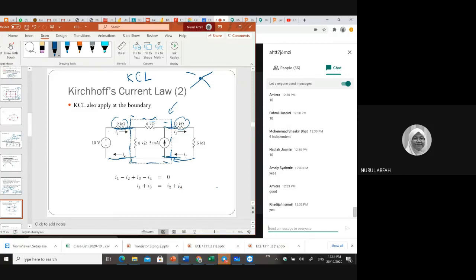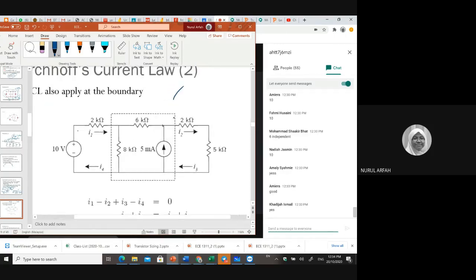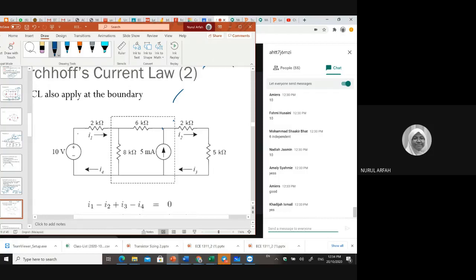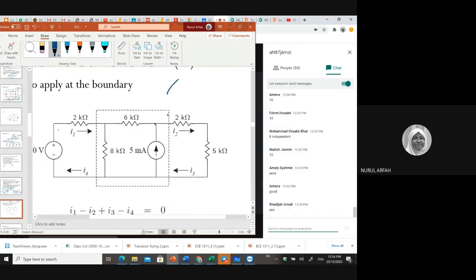Okay. So since you have that, which one is entering the boundary? Can you see? Which one is entering the boundary? I1 and I3, yes, good.